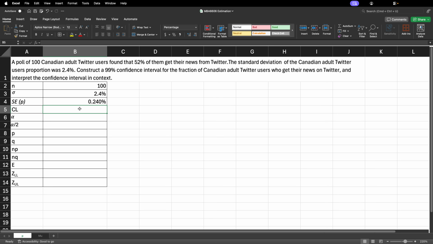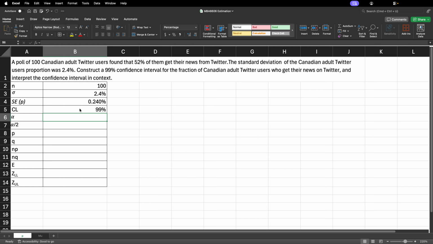So what will be the confidence level that we are going to work with? 99%. If you know the confidence level, we know what is the significance level.